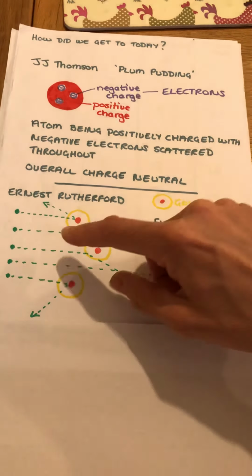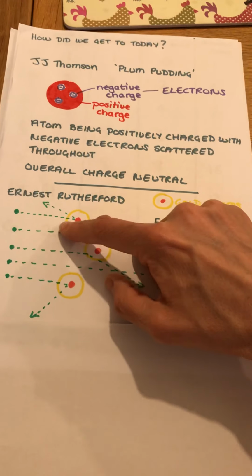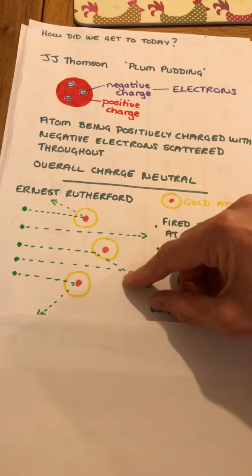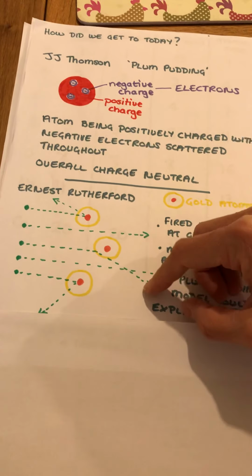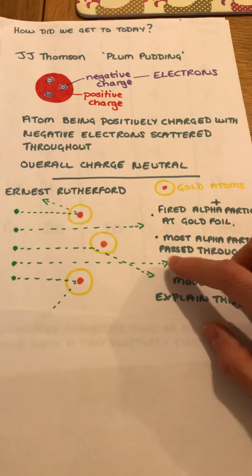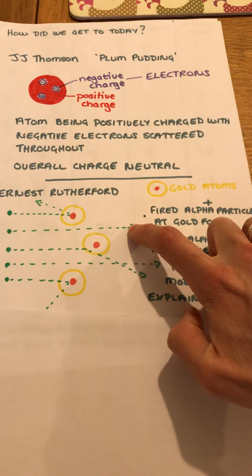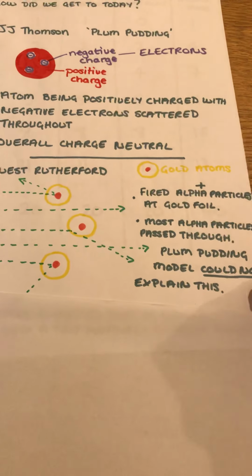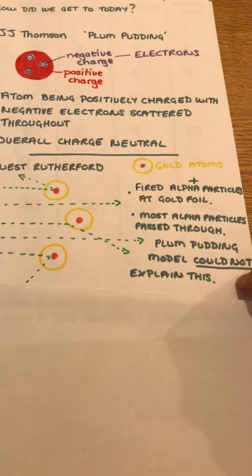Those that went near the nuclei bounced off, which is what we would expect. And those that went close to the nuclei came off at an angle. So they were like refracted. And then those that didn't go anywhere near the nuclei went straight through. The plum pudding model could not explain this.